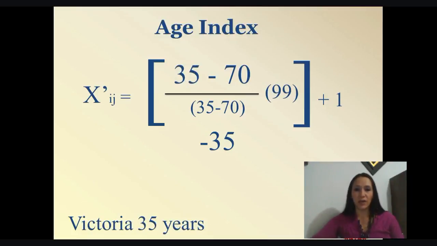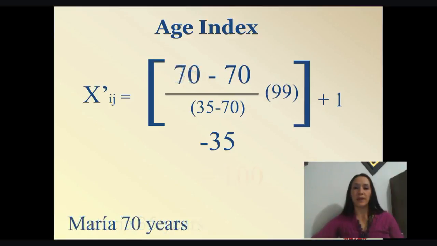As I told you, 35 is in this first position, that is the number that I'm going to change, minus the maximum, over minus 35, that is the minimum minus the maximum, all those numbers times 99, and the result is going to be plus 1. The result is 100.